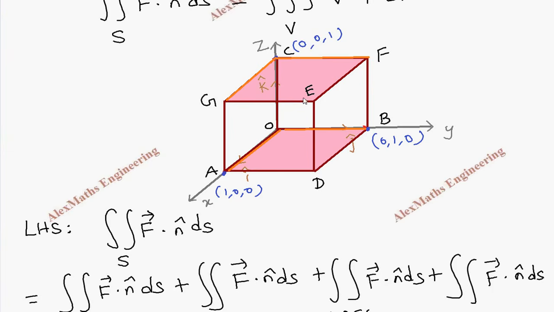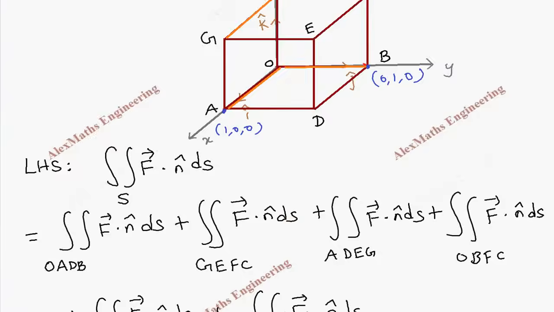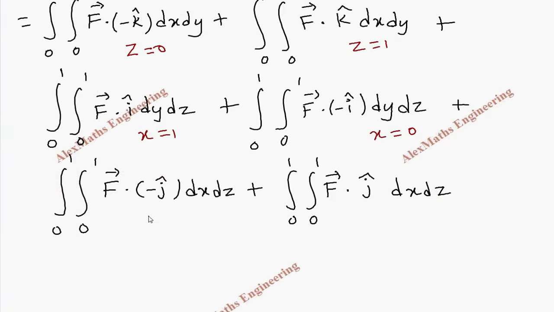In the same way, the front surface is this one, where x is 1, and the back surface is this, where x is 0. And on the left side we have this surface where the equation is y equal to 0, and on the right side we have y equal to 1. Let's write it here. So this is y equal to 0 and y equal to 1. These are the respective equations of those surfaces.